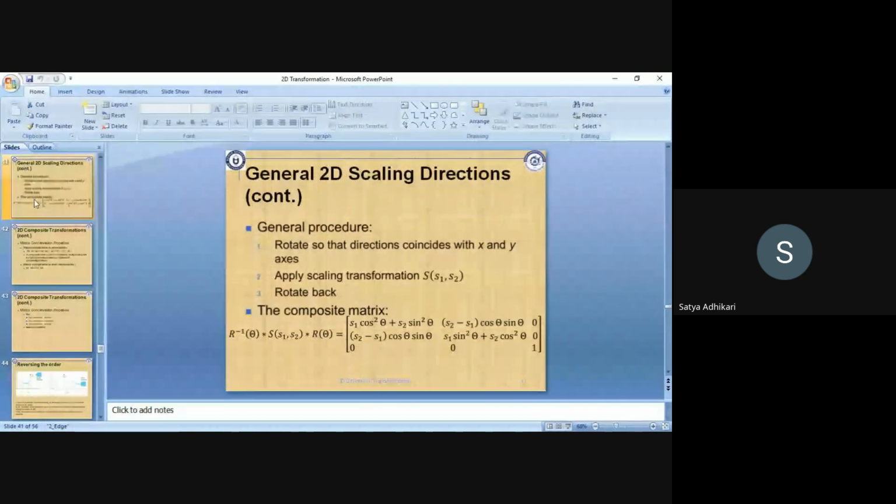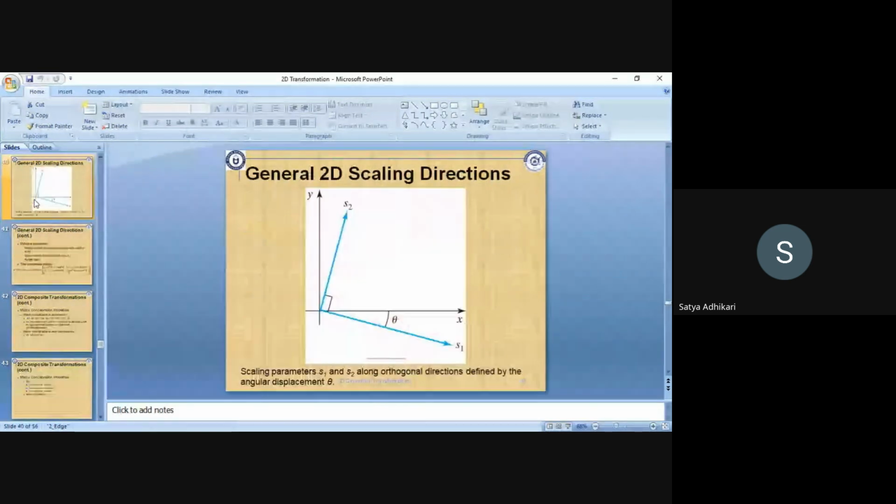You see what to do: rotate so that the direction coincides with the x and y axes. Now we have to rotate. Suppose we have to change the size with the scaling factors S1, S2 along these lines, which are not the x-axis and y-axis.